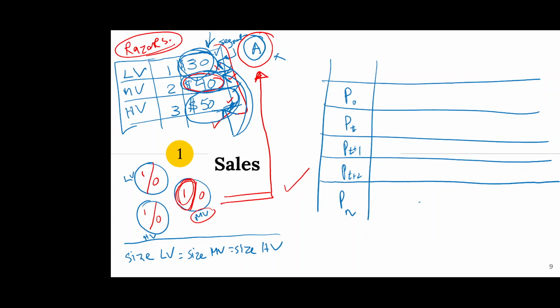Maybe we should start with t. Let's start with t, it's okay. We don't have to put price 0. The original price, we already know it's 50, it doesn't matter. So this is price t, price t plus 1, t plus 2, t plus 3, until we get to t plus n.